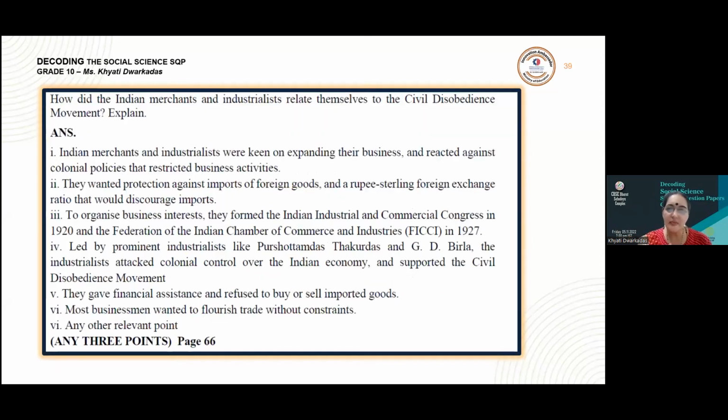Now, how did the Indian merchants and industrialists relate themselves to the civil disobedience movement? Once again, we say explain. So when we explain, we come back to the same thing. Explain in 3 points for 3 marks.